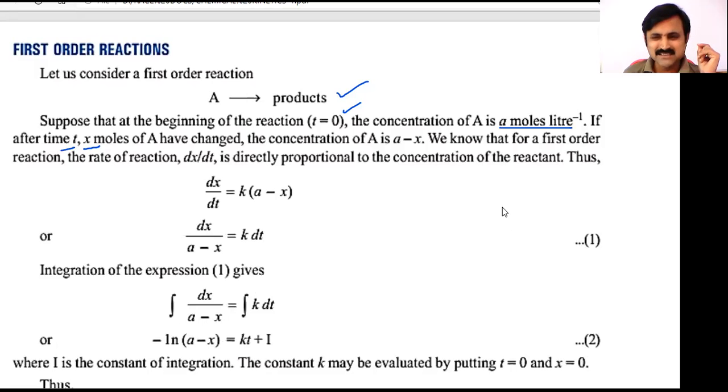What is the meaning of this? From a, there is x moles reduced, so it will become a minus x. After what time interval? t time interval. So initially time is 0, and after time interval t, its concentration became a minus x.